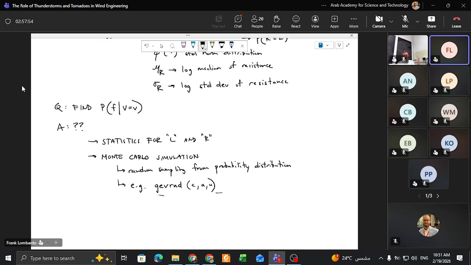You can use these techniques for a lot of different things, one being to test how valid your distribution fit is. We won't go into detail. In some classes I'll teach, I'll go into more detail about how Monte Carlo simulation actually works. For here, we just need to know that this is randomly sampling from a probability distribution.